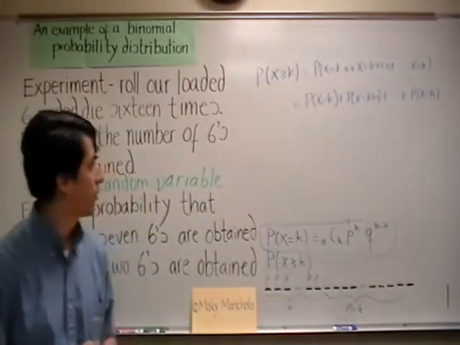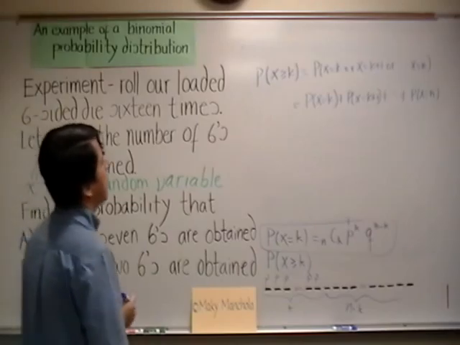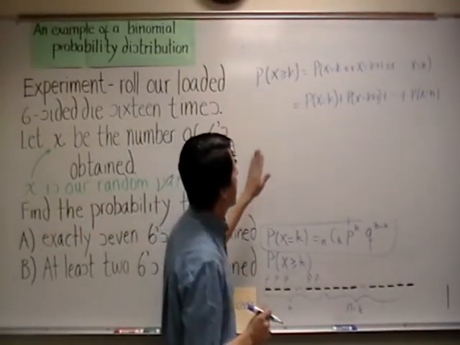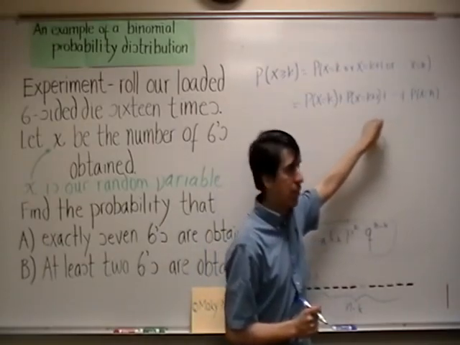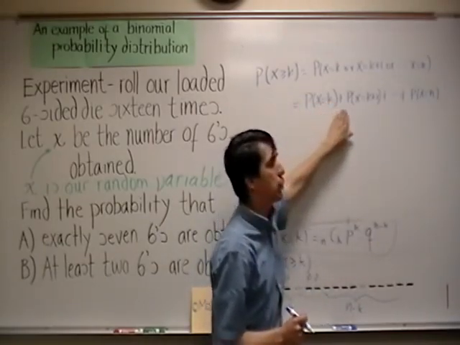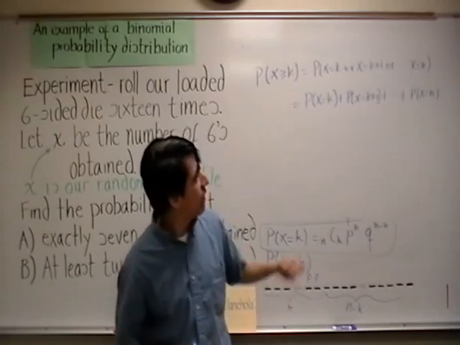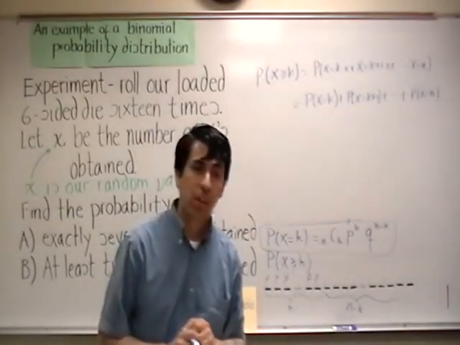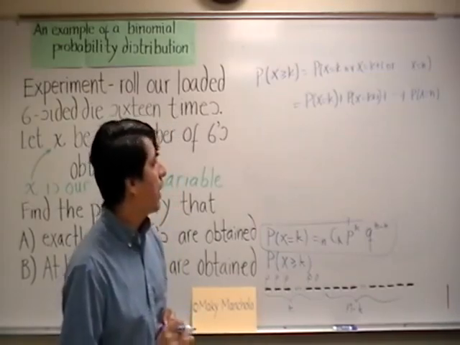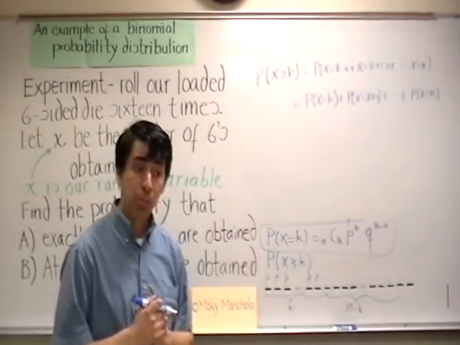Now, here is the strategy to deal with a problem like this. If there are few alternatives, then you can just compute this out. But if there are too many alternatives, you would like to consider the probability of x greater than or equal to k in terms of its complement.